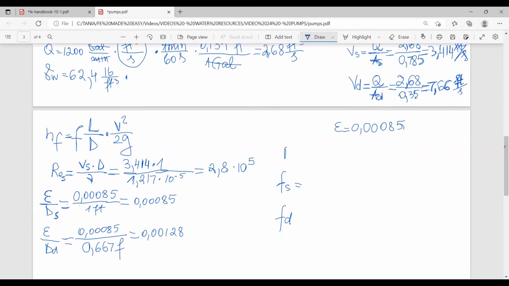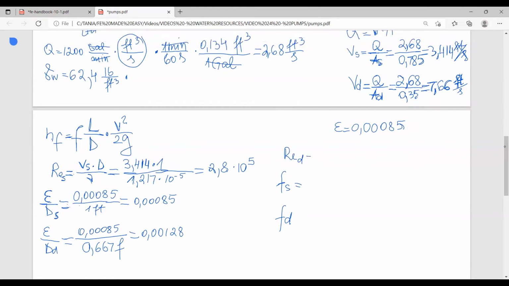So let's calculate it: V discharge times diameter over kinematic viscosity, 7.66 times 0.667 feet over 1.217 times 10 to minus 5, which is equal to 6.4 times 10 to 5.